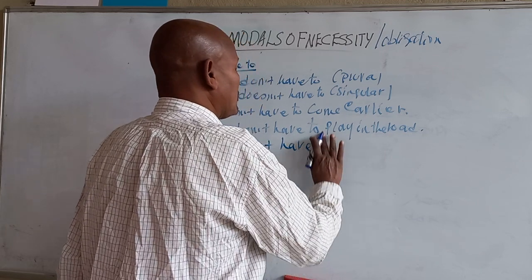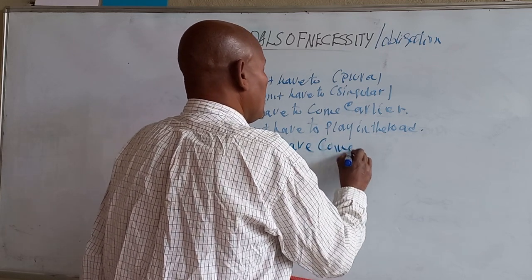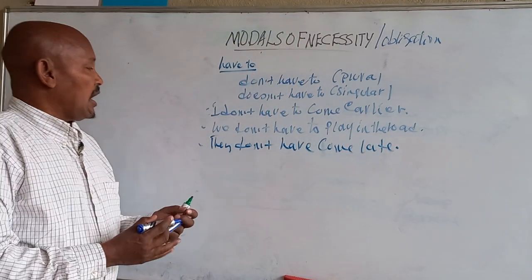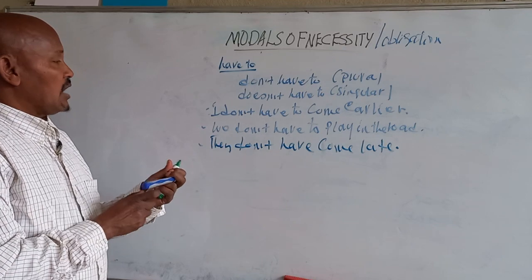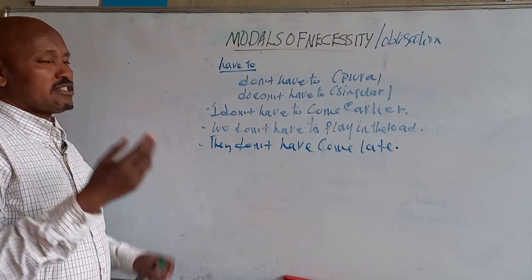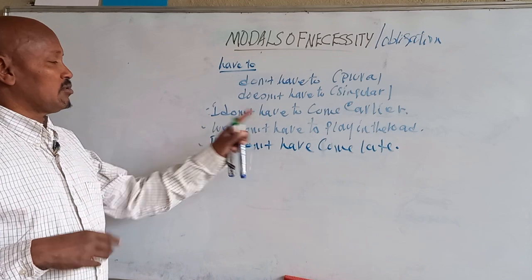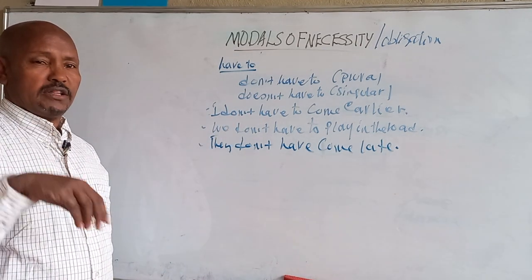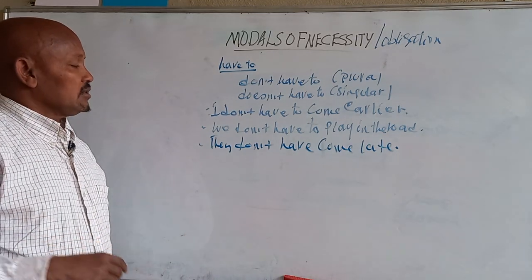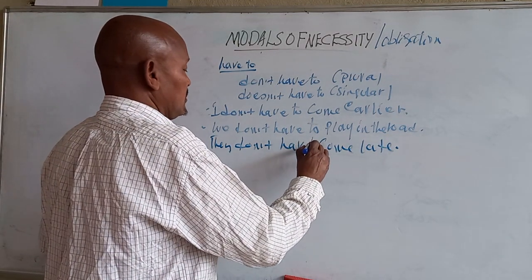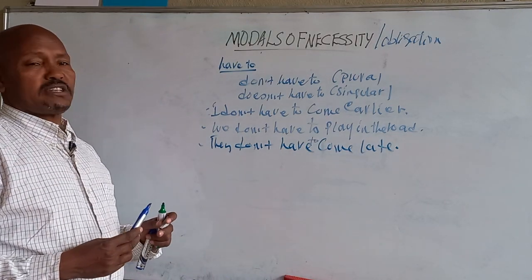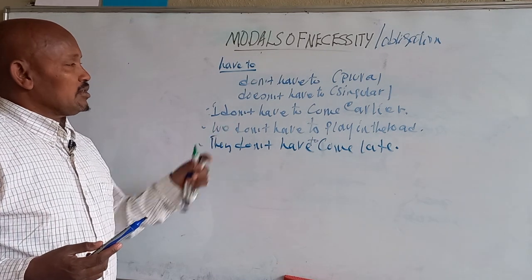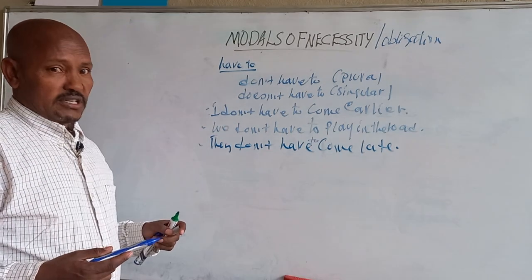They don't have to come late. I don't have to come earlier means it's not necessary to come earlier. We don't have to play in the road means it's not necessary for us to play in the road. They don't have to come late means it's not necessary to come late here. It's just something which is not necessary.